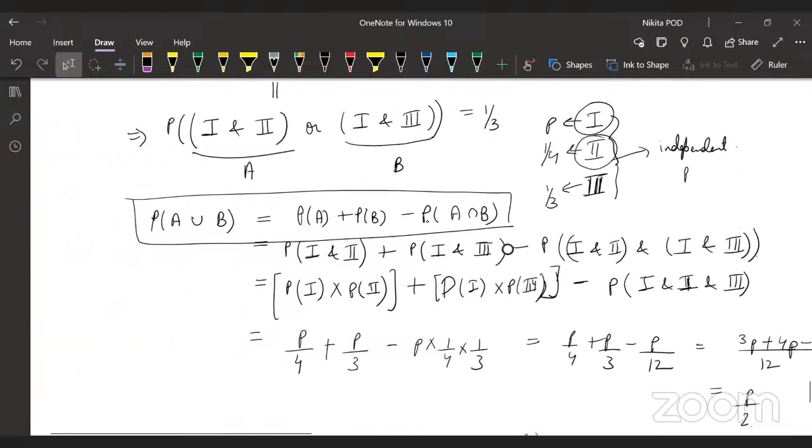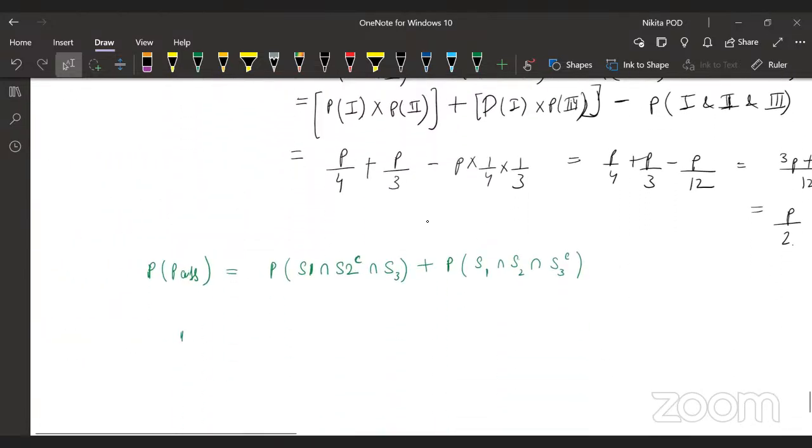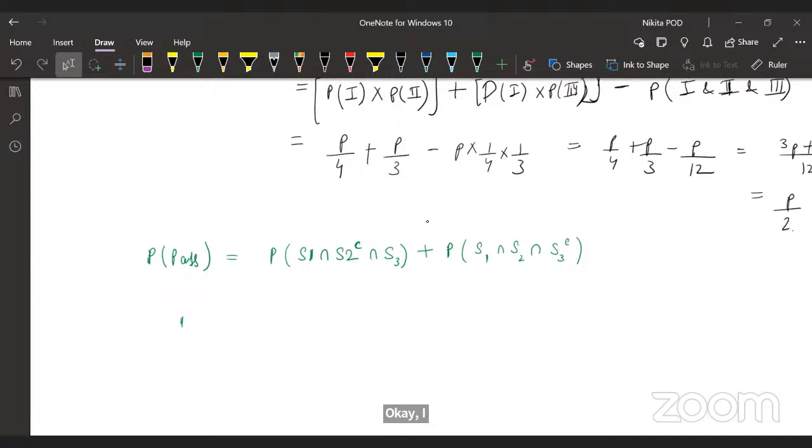Maybe, okay. See, I think it is possible that the student passes all the 3 sections. Then in that case also, the student passes the test, right?